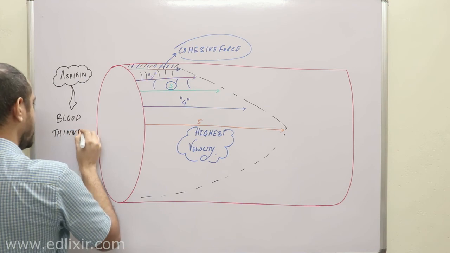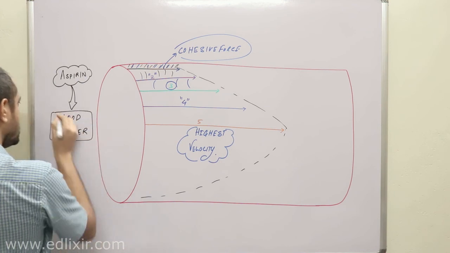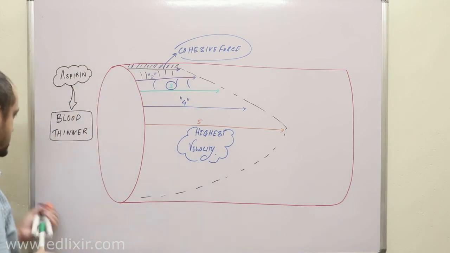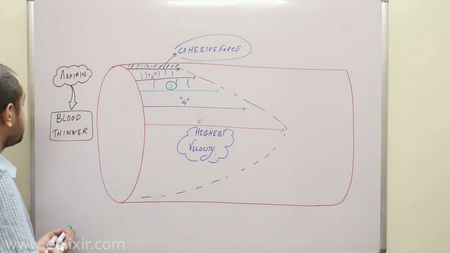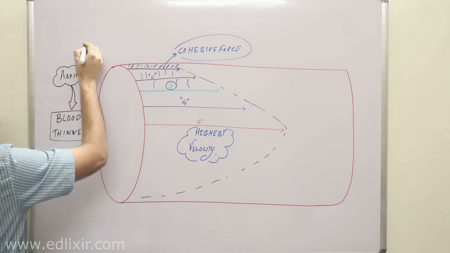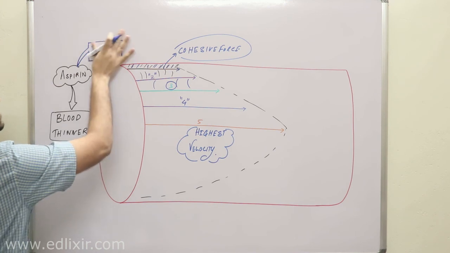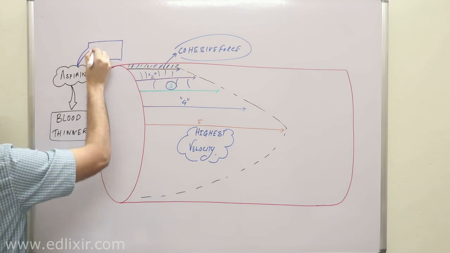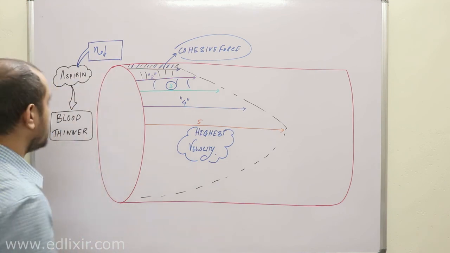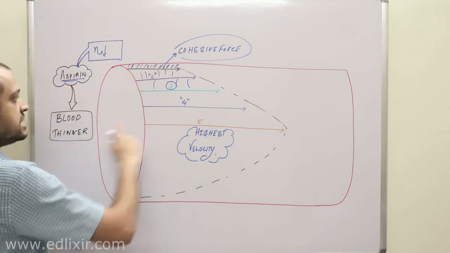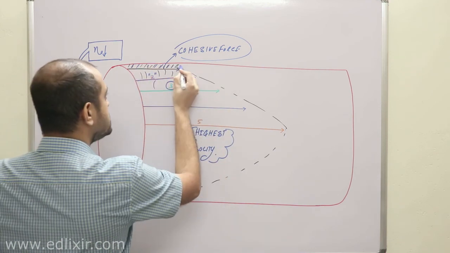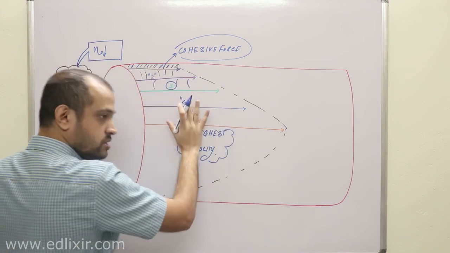Now how will aspirin change this? Now listen, as aspirin is a blood thinner, that means aspirin will reduce viscosity. Now when aspirin is added, the same blood will have a velocity profile, no doubt.